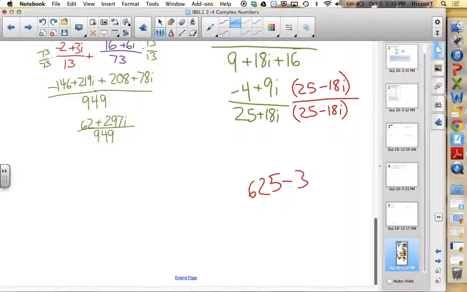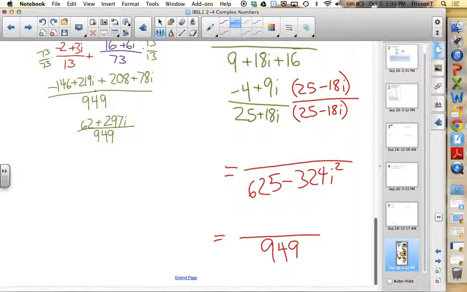So 324i squared. Yeah, 324. Which, and I know I'm just finishing the denominator here, 625 plus 324 is 949. It should look familiar.